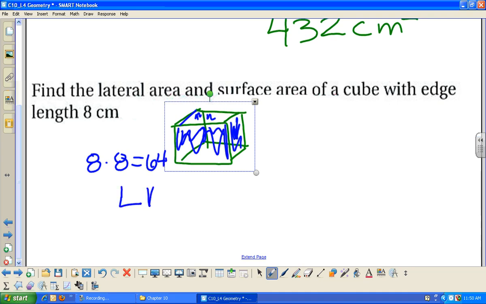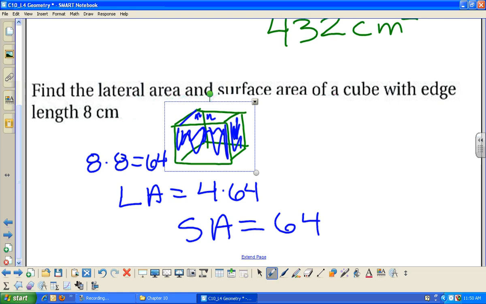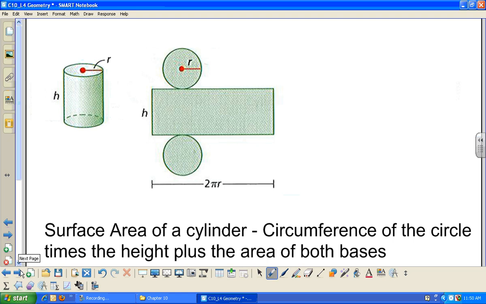My lateral area is equal to 4 times 64. And my surface area would be equal to 64 times 6, which is 384 centimeters squared. Again, area or surface area is always going to be squared.